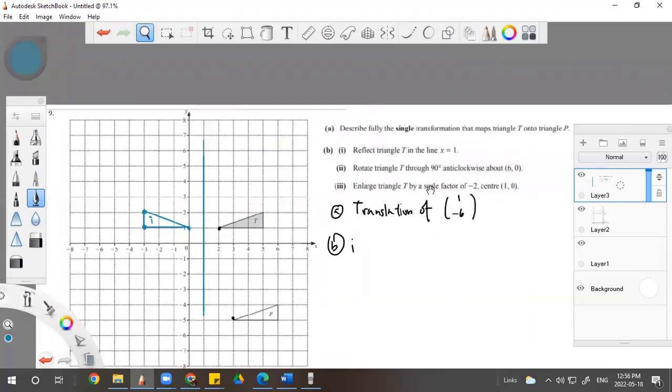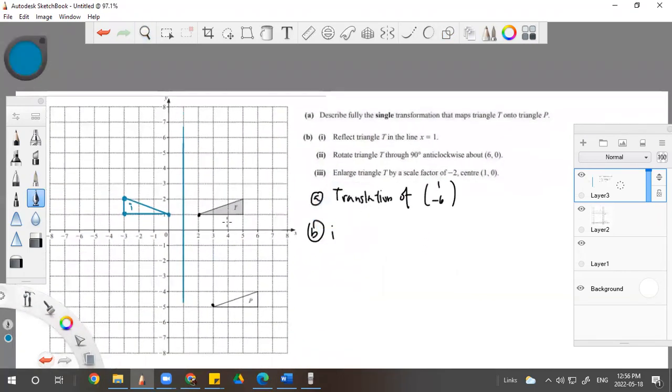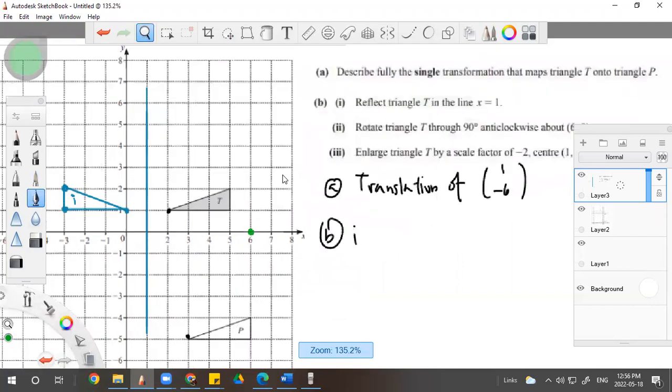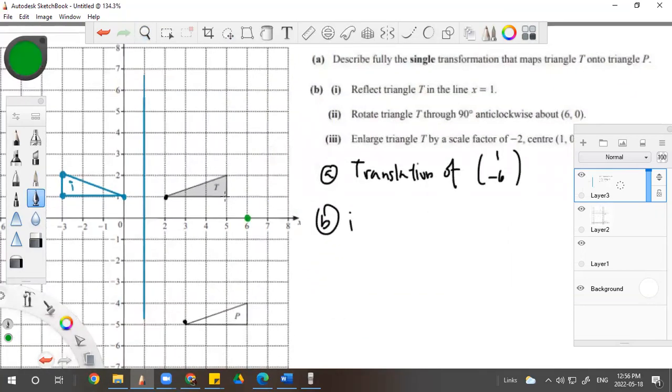B2, rotate through 90 degree, anti-clockwise, 60. Dia minta 60 di sini. Right? Anti-clockwise, berarti dia ke arahnya, lu lihat satu poin aja ini. Satu poin aja, jangan banyak-banyak, kalau banyak-banyak susah. Anti-clockwise berarti kemana? Ke sini ya, 90 degree. Right?